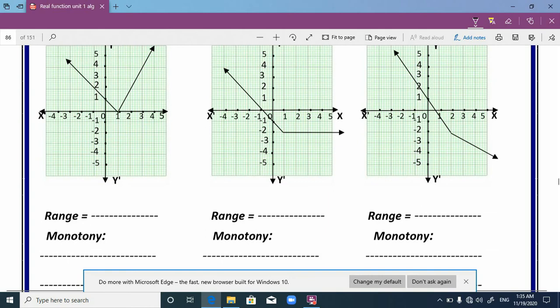Here we have the range from the least value of y to the greatest value of y, from 0 to infinity: 0 closed to infinity open. And we have two intervals for this monotony.